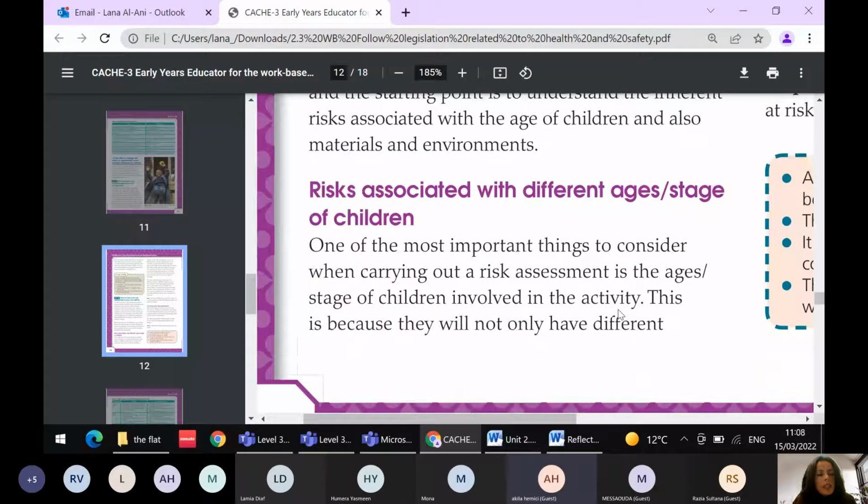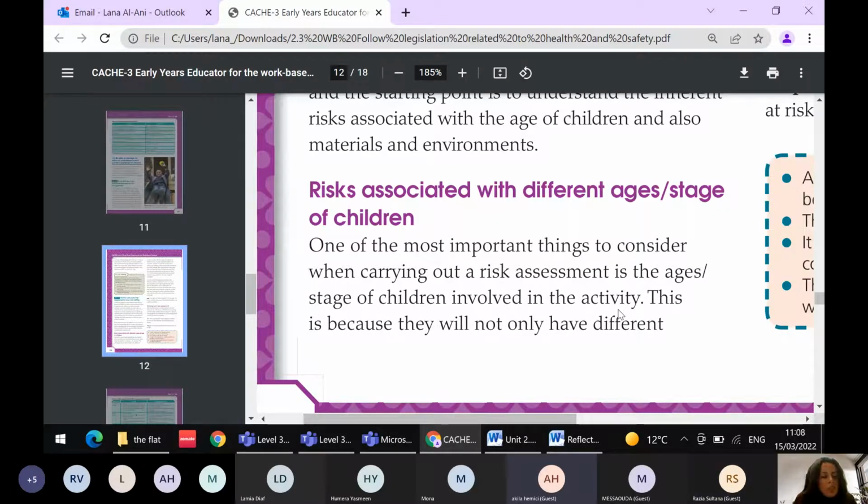So risk associated with different age groups. There are many different types of risk assessment. Risk could be associated with different age groups of the children, so you can't put all the children from different age groups to do the same task.